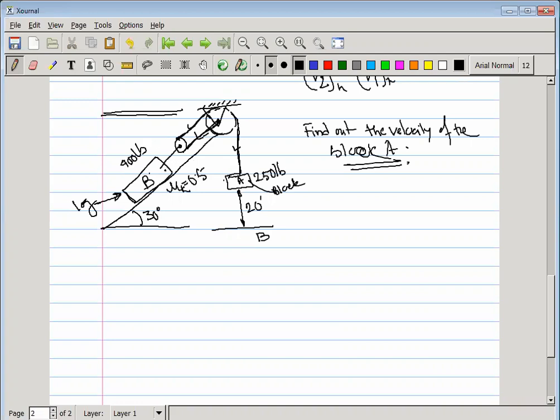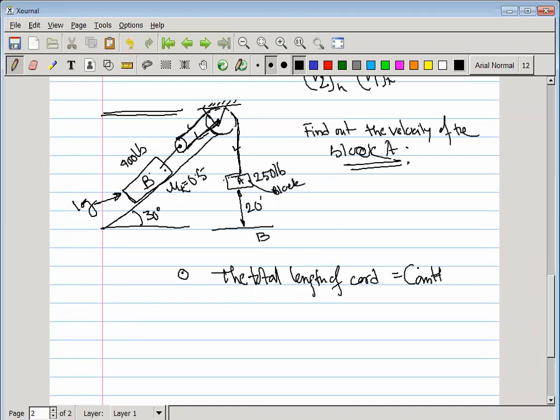Okay, so from this we can write the basic compatible equation. Remember, the total length of the cord or cable is equal to a constant, right?